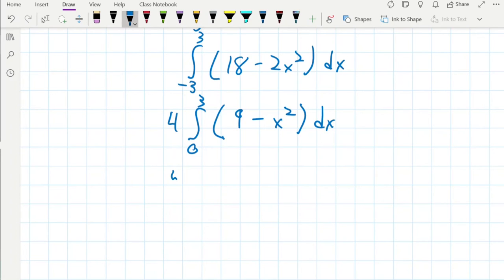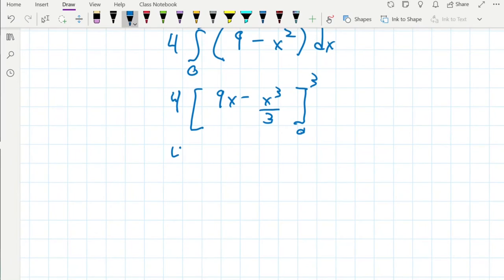So from here we will integrate, so we'll have 4 times 9x minus x to the third power over 3 from 0 to 3. So we will get 4 times 9 times 3 minus 3 to the third power over 3 minus all 0.